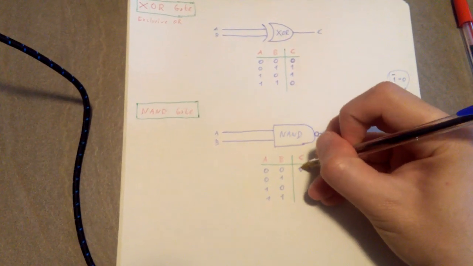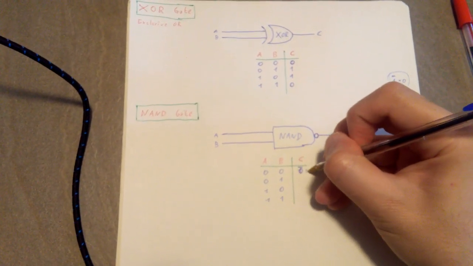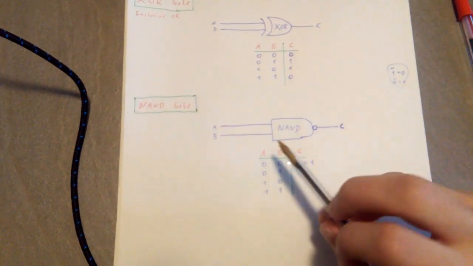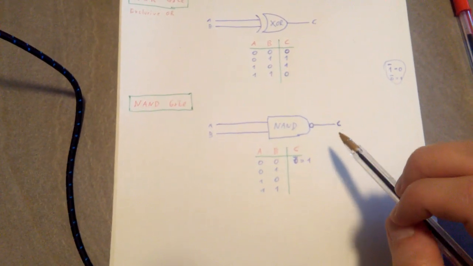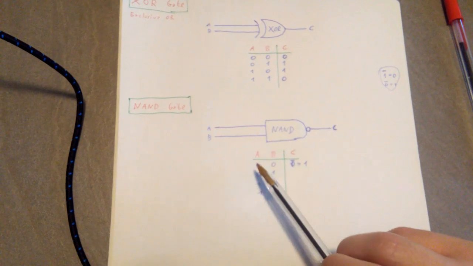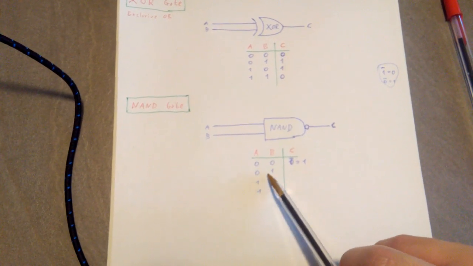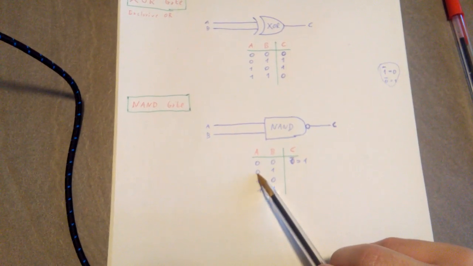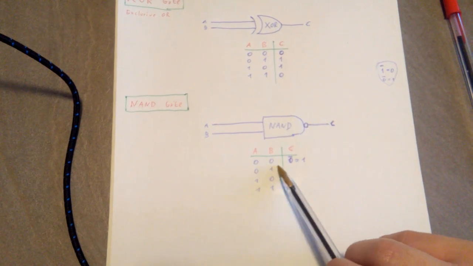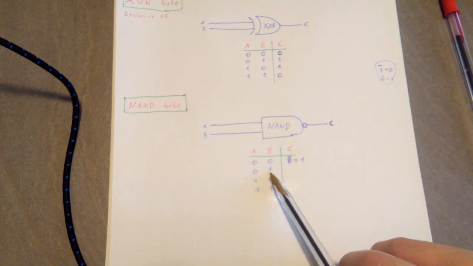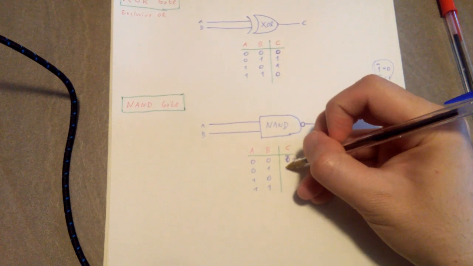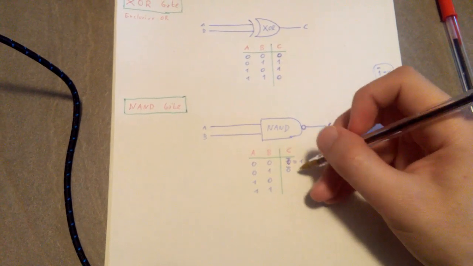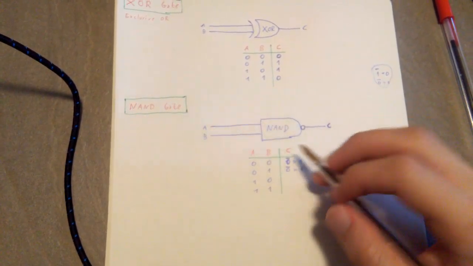Let's just write 0, not, and it's 1, just to make our life easier. So if both A and B are 1, in this case they are not, because A is 0, B is 1, then the output is 0, but we're going to invert it, so the output is 1.